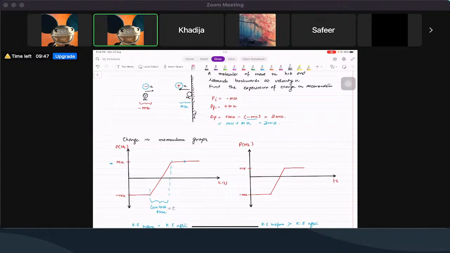When it hit the wall, there must be a force between them, right? So the wall must have applied a force on the ball that caused it to move in the opposite direction. Do you agree? So if you look at this section where it is the dotted line, do you agree that this is the time where force must have been applied?